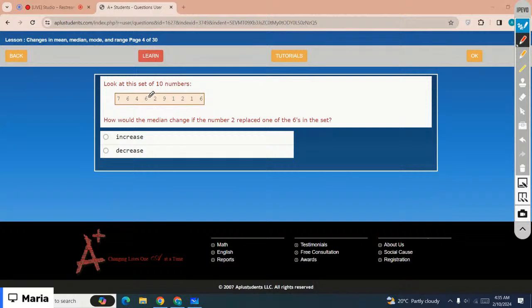Okay, for this one, the data is 1, 1, 2, 2, 2, 4, 6, 6, 6, 7, and 9. So 1, 2, 3, 4, 5, 6, 7, 8, 9, 10. 1, 2, 3, 4, 5.